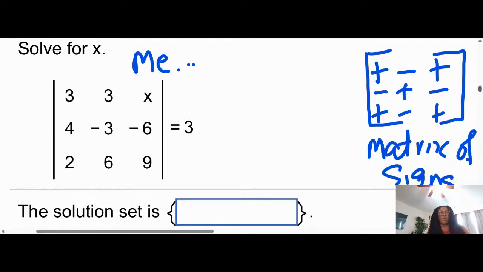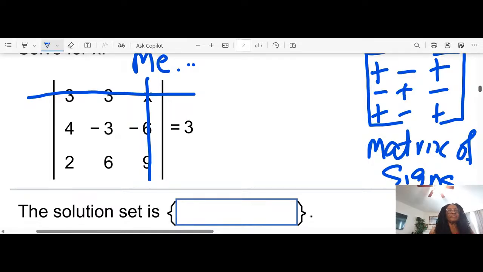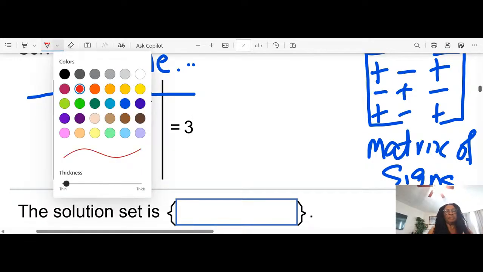All right, so I want to use the first row to solve this matrix. I want to start from x. I can start from anywhere, but I want to start from this column, column x, first row and first column. Let me get a red color.